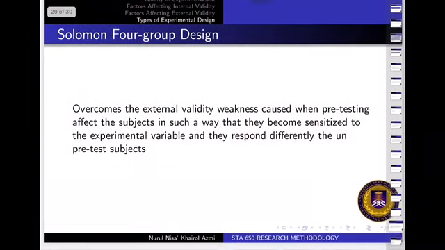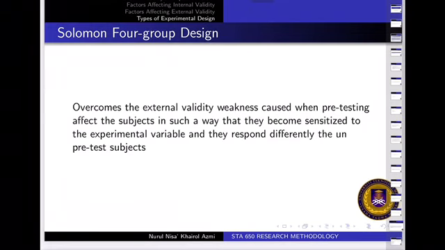So the next one is the Solomon four group design. Solomon four group design is to overcome the external validity weaknesses caused when pretesting affects the subject in such a way that they become sensitized to the experimental variable and they respond differently than the unpretested subject.